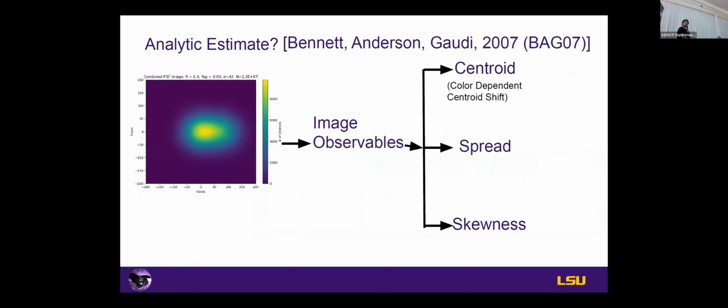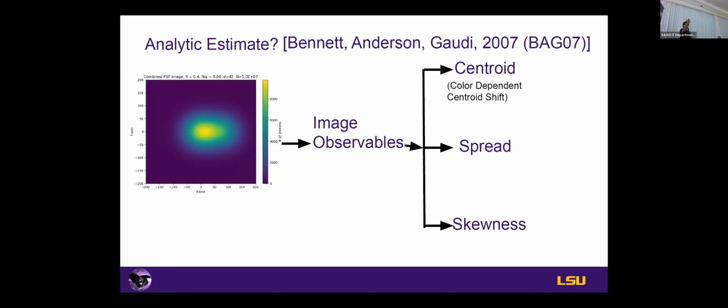But is there a quick analytic estimate with which we can get an idea about the lens flux, and with what uncertainty we can measure it? There are observables that we can construct out of images. If you have these double sources, one is the lens, another one is the background source. In that case, we can calculate the centroid.